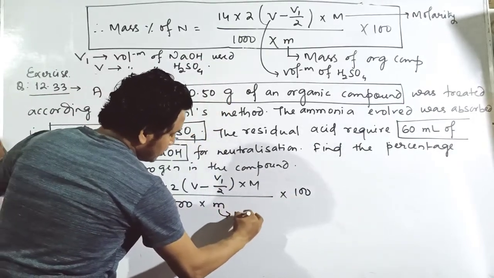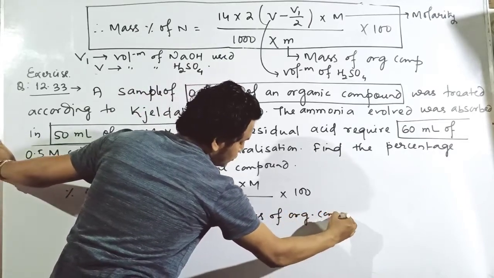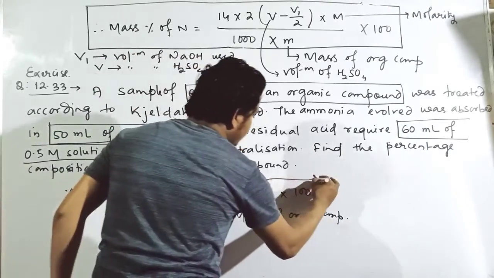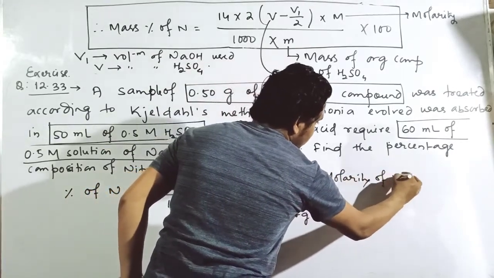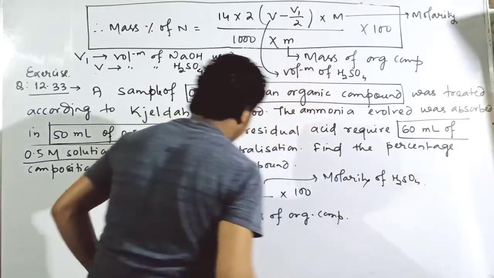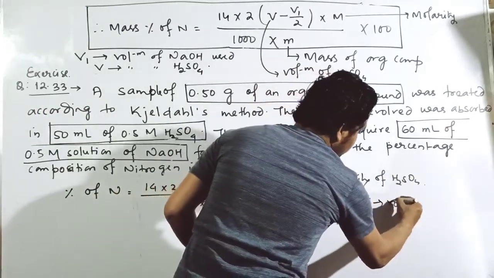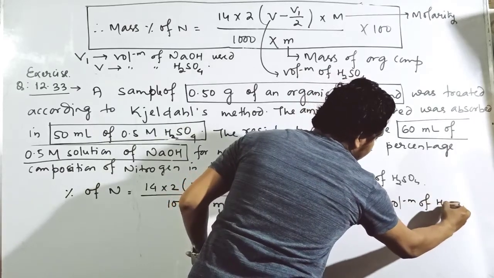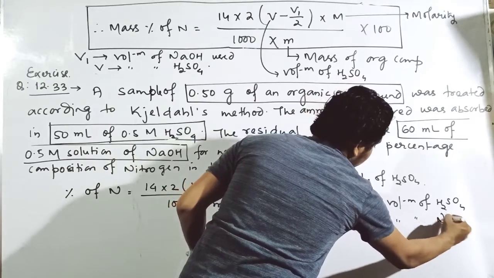What is the small m? It is the mass of organic compound. What is capital M? Molarity of sulfuric acid used. And what is capital V? Capital V is the volume of sulfuric acid. And V1 is the volume of NaOH.